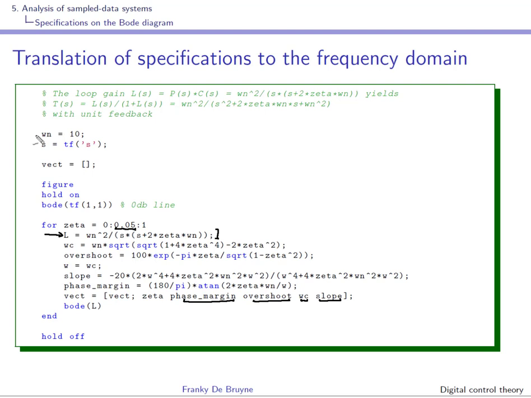We do this for a value of the natural frequency, but you will see in the next slide that everything is represented as a normalized quantity. So for instance, we'll represent the normalized crossover frequency by dividing by this omega n, and we had already done so for the phase margin, and you had seen that it only depended on zeta.